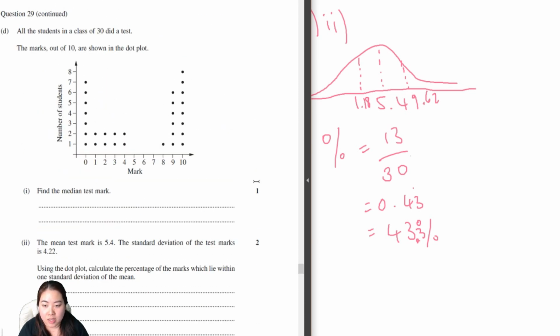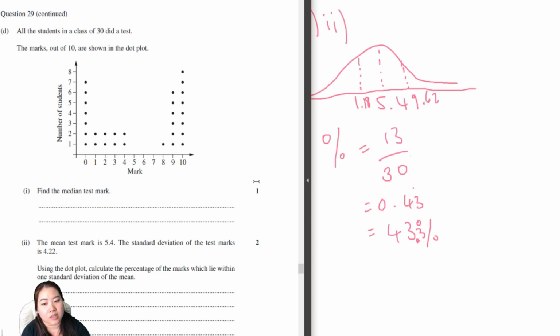Basically, I'm going to say that first of all, the class is only of 30, which is not a very large sample size to begin with. And second of all, if you look at the dot plot, it does not resemble the bell curve at all. In fact, it kind of looks like the opposite of a bell curve.